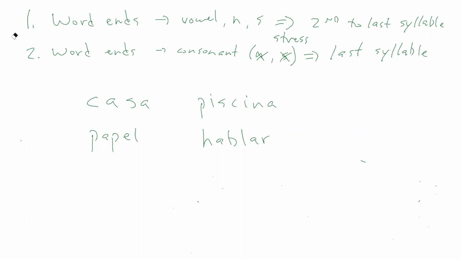These rules were first written down back in 1492 by Antonio Nebrija, who published the first Spanish grammar. He decided he needed to make some rules for how things are pronounced, and that if things weren't following the rules, then we need to write accents to let people know how to pronounce the words.